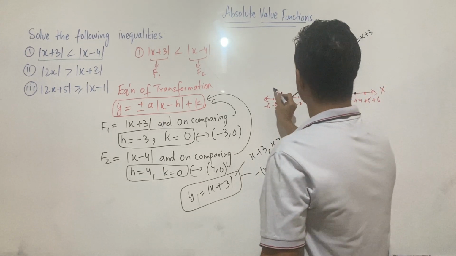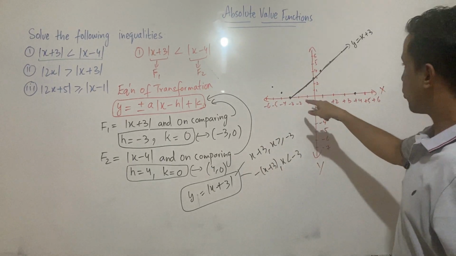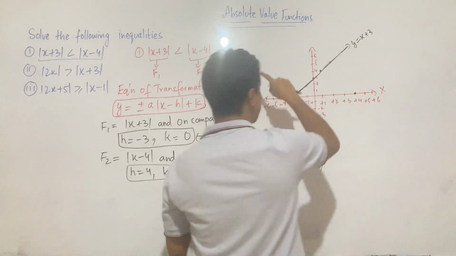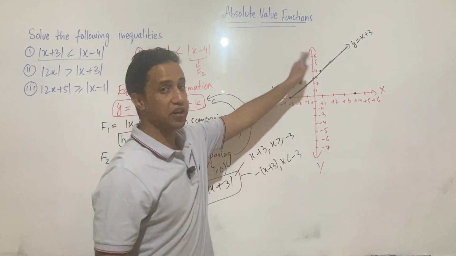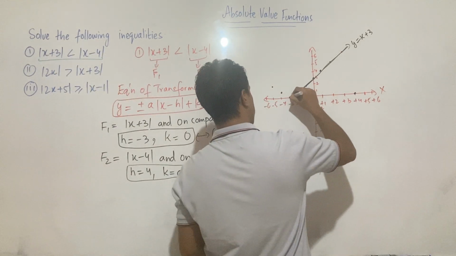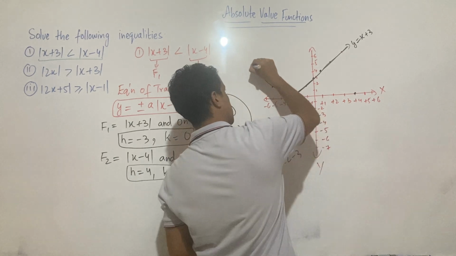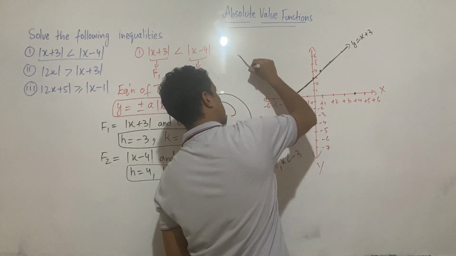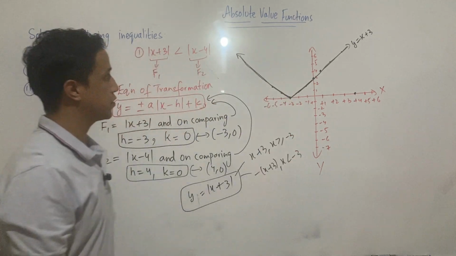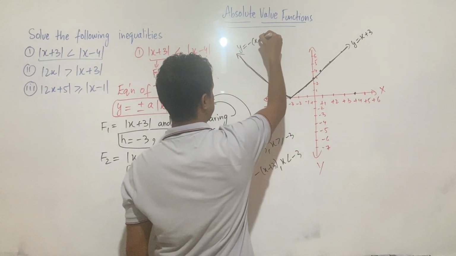So we get the points, or we can say that this side is going to be the reflection of this, right? So here, your graph is going to be this. Okay, this is going to be the graph, and it represents y equals minus x plus 3.